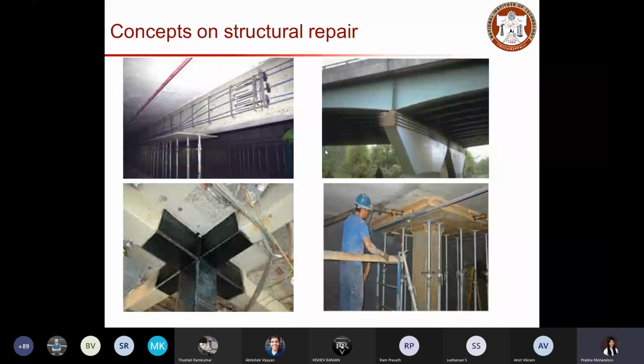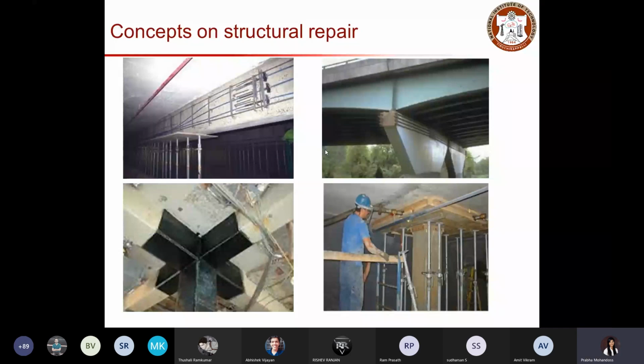So there are a lot of ways available without demolishing or reconstructing your bridges. You can significantly enhance the capacity of your bridges. So there are a lot of repair strategies available for such capacity enhancement as well. So in the last module, we'll deal with the ways in which we can enhance the capacity of the structure.